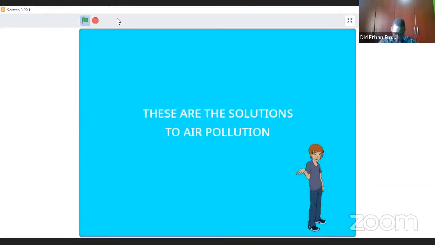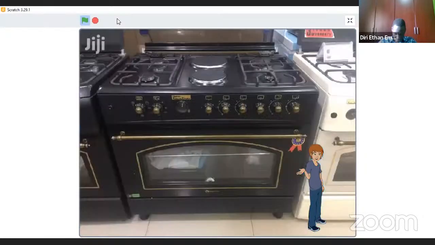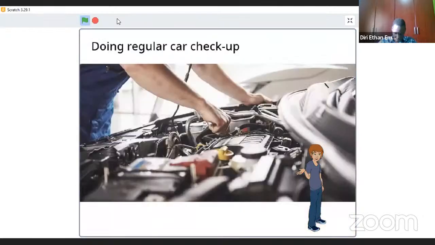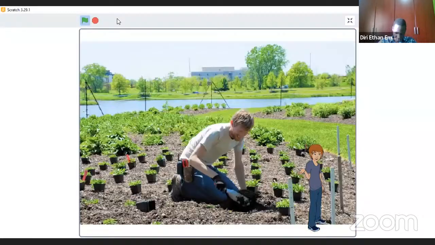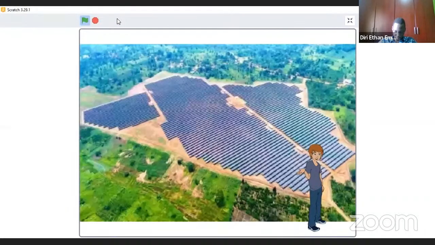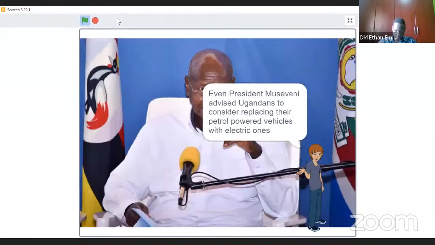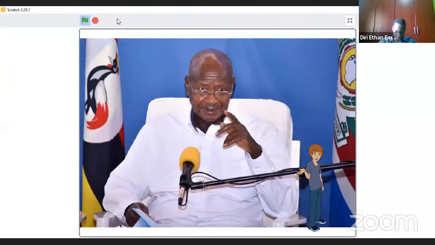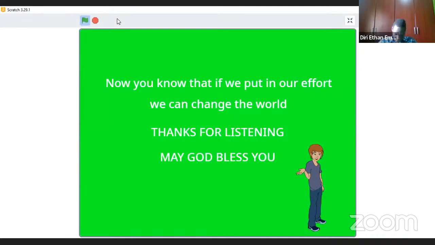These are the solutions to air pollution: using electric gas cookers, doing regular car checkups, planting a garden, turning off the light when not in use, using solar electricity instead of fuels. Even President Museveni advised Ugandans to consider replacing their petrol-powered vehicles with electric ones. Now you know that if we put in our efforts, we can change the world. Thanks for listening. May God bless you.